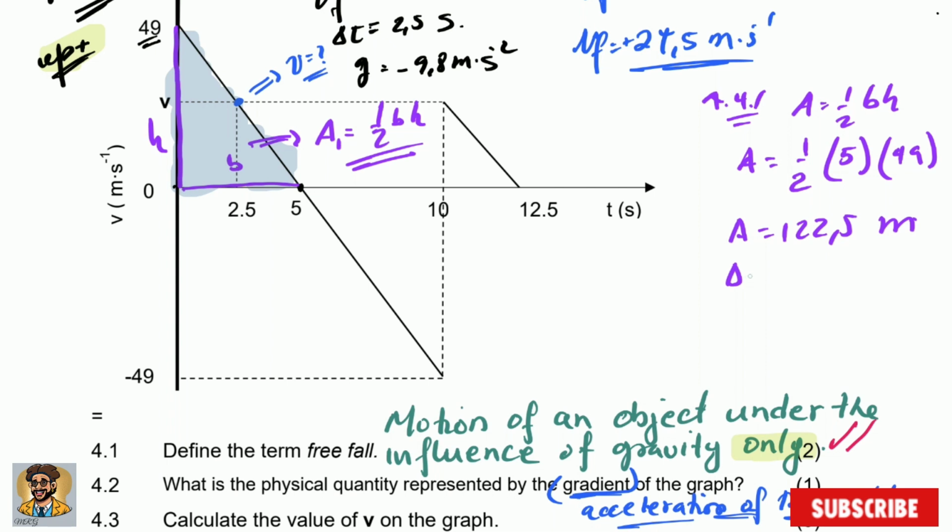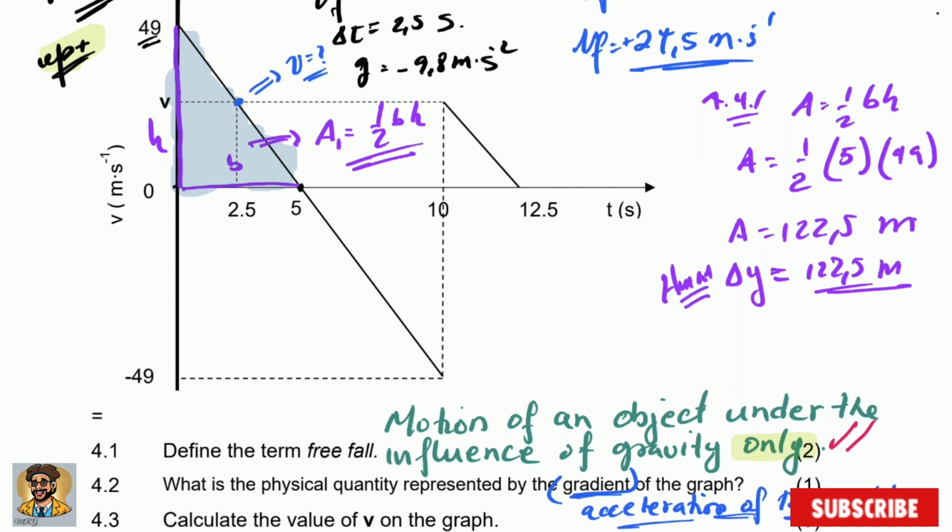This is the displacement, in other words the maximum height. I think the question is a little bit tricky there. That is the displacement, 122.5 meters, which in actual fact is the maximum height.